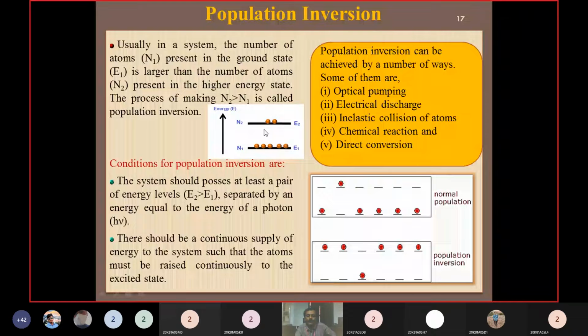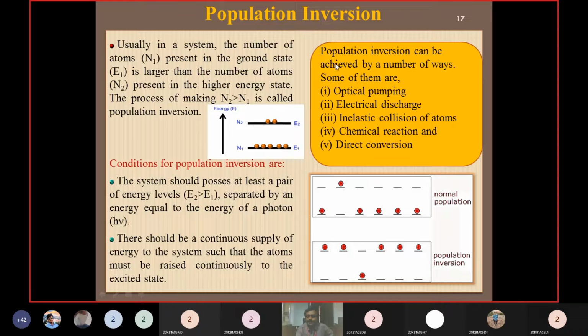That's why there are no electrons in the excited state, and population inversion is not possible. So we should supply the energy continuously to the system, then only population inversion is possible.